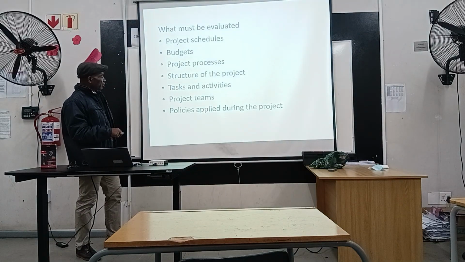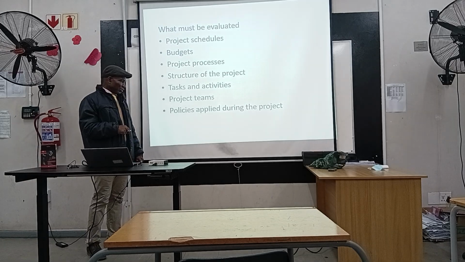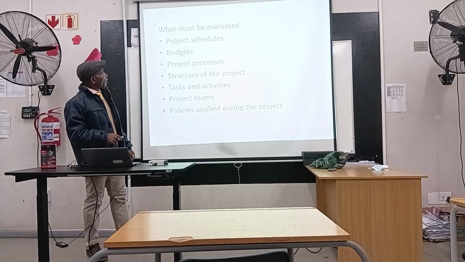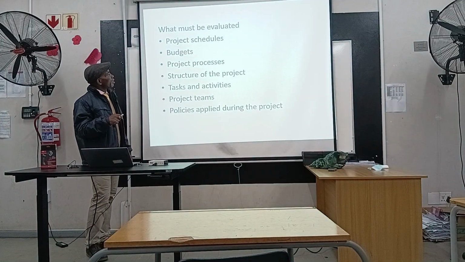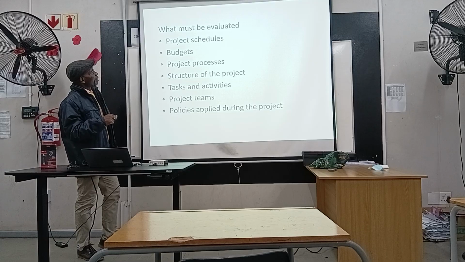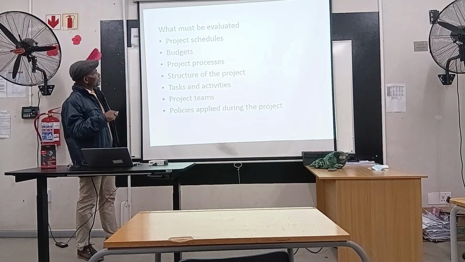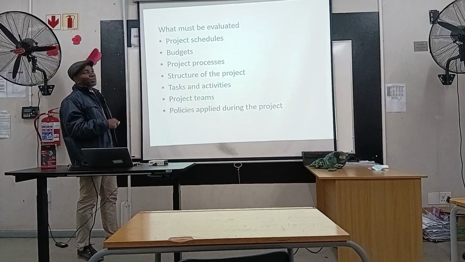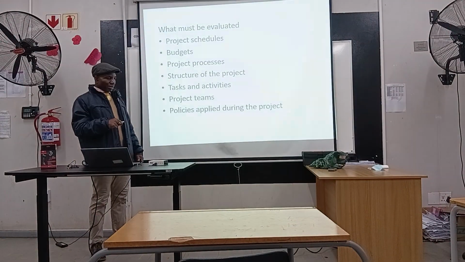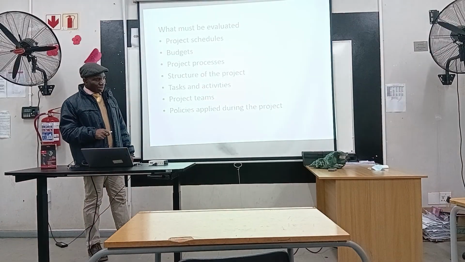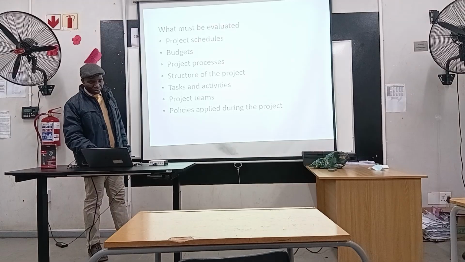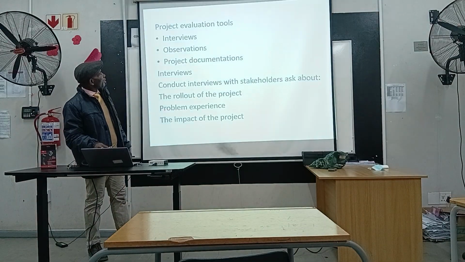Then you need to look at the policies applied during the project. So when evaluating a project, all these parameters, or rather these variables, need to be looked at for you to be able to comprehensively evaluate the outcomes of a project, or rather the progress of a project.